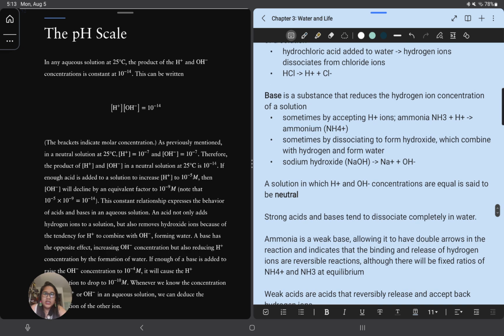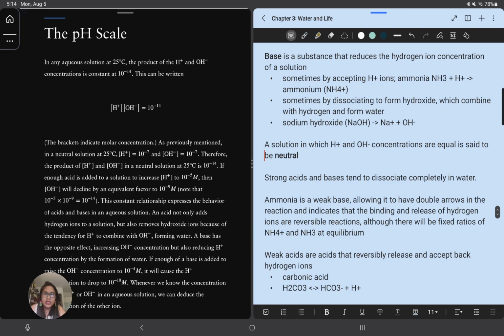A base is a substance that reduces the hydrogen ion concentration of a solution, sometimes by accepting hydrogen ions, such as ammonia, where they accept a hydrogen ion to create ammonium, and sometimes by dissociating to form hydroxide, which combines with hydrogen and forms water.